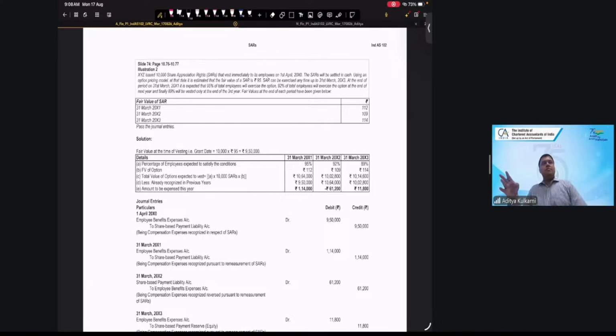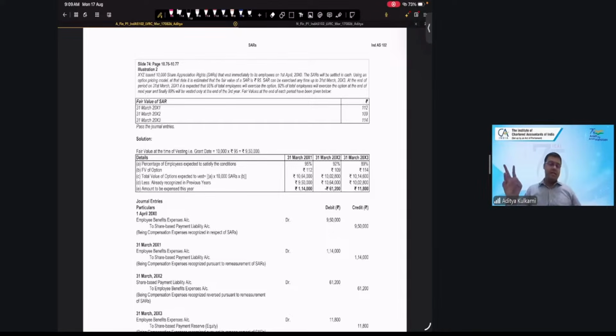Apart from not diluting the stakes, what a stock appreciation right achieves is that it will provide cash to the employee. So, for example, if the exercise price is X and your market price is Y, then Y minus X is what will be provided to the employee. Or if there is no exercise price, then whatever is the fair value will be provided to you in cash.